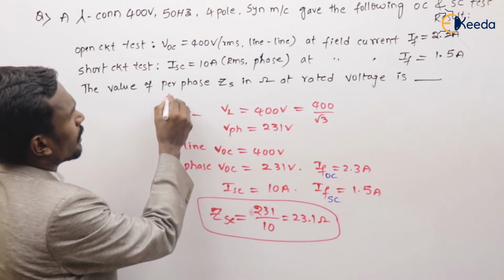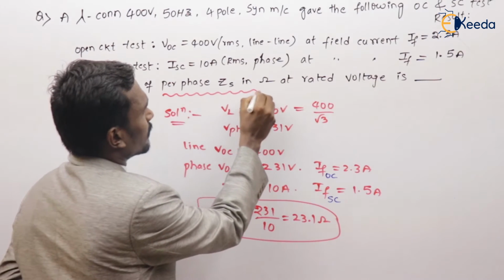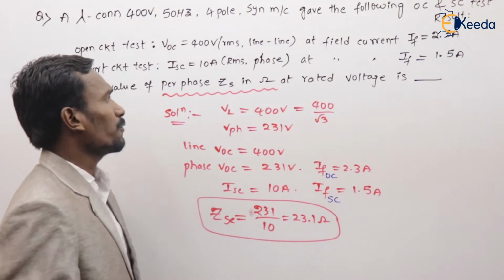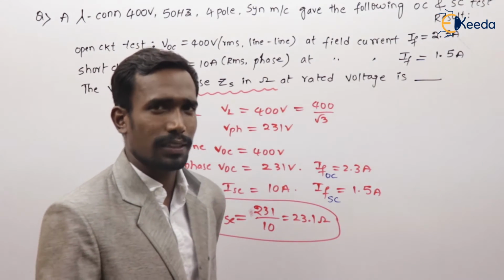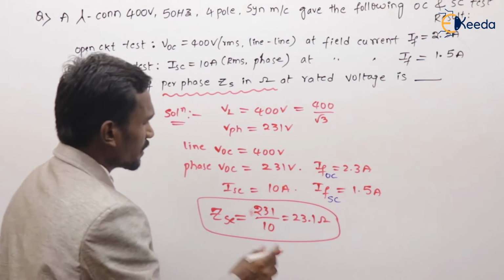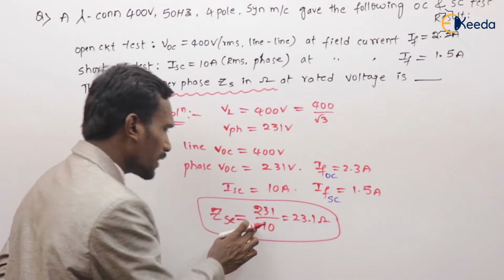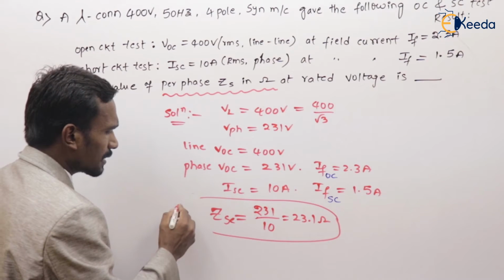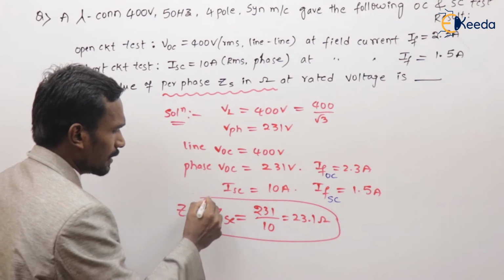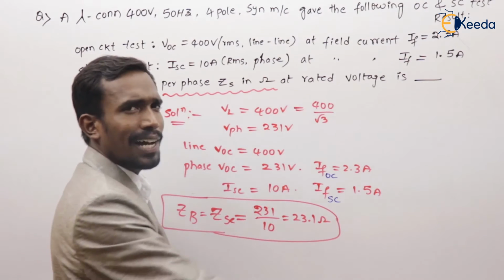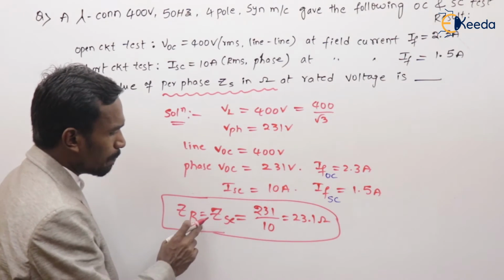What did he ask? The per phase synchronous impedance. So generally this is the base impedance, because rated values are taken as the base.